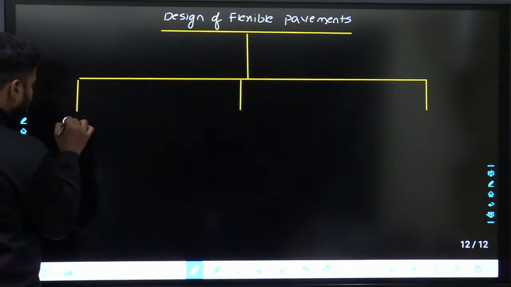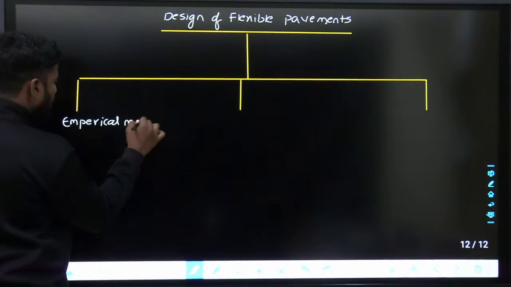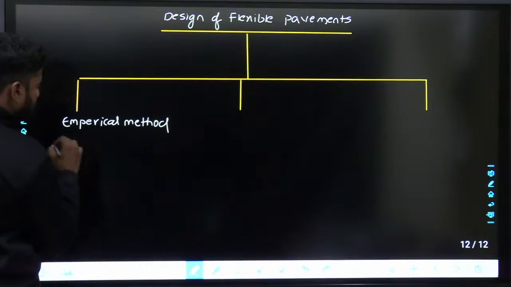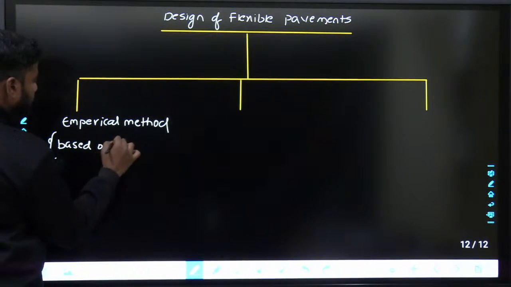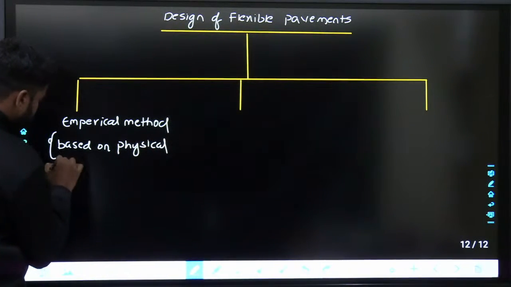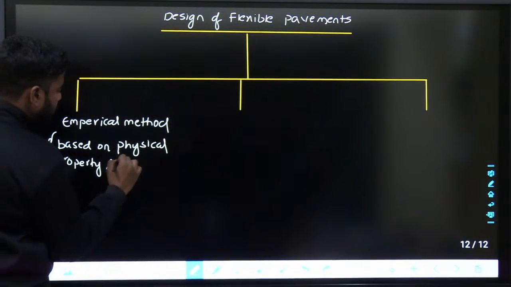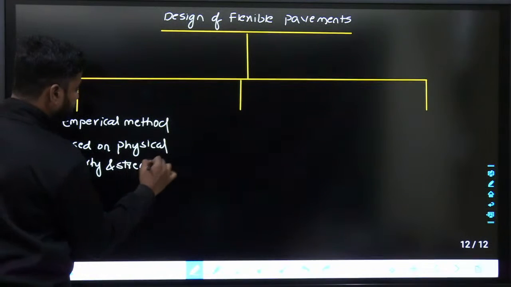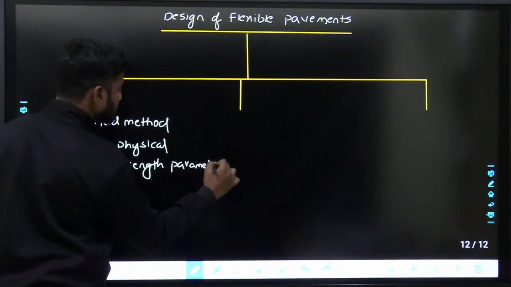Empirical method, based on physical property and strength parameters.